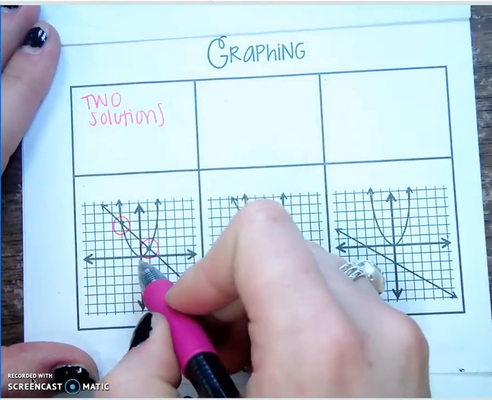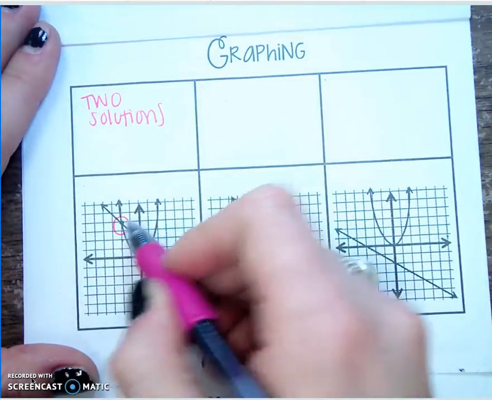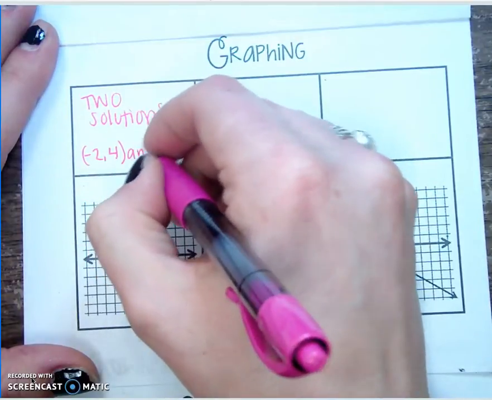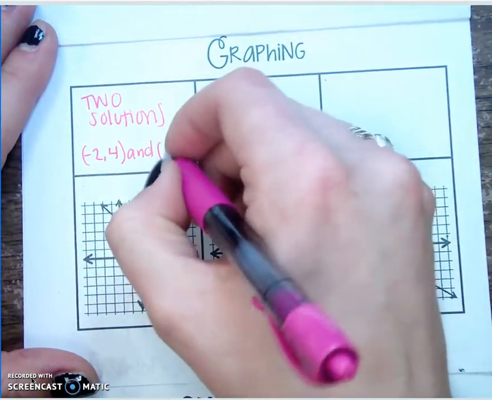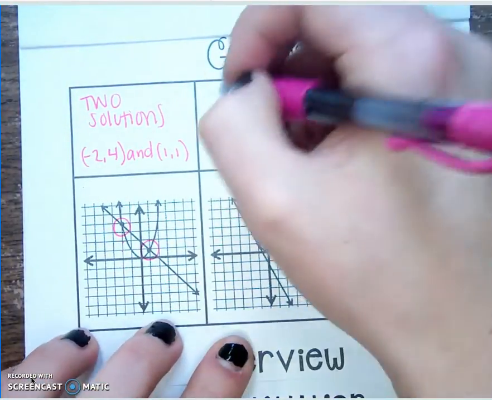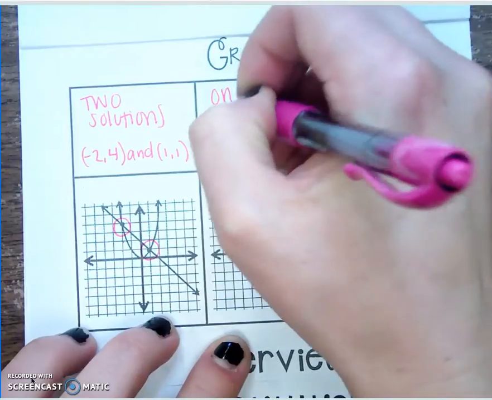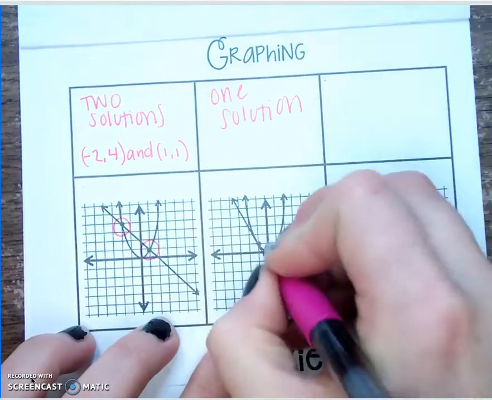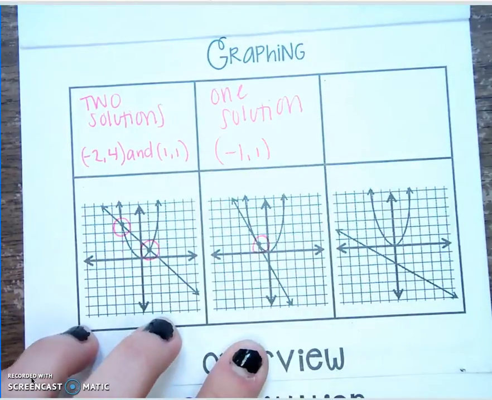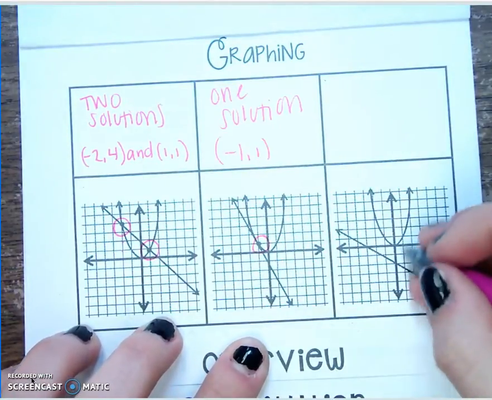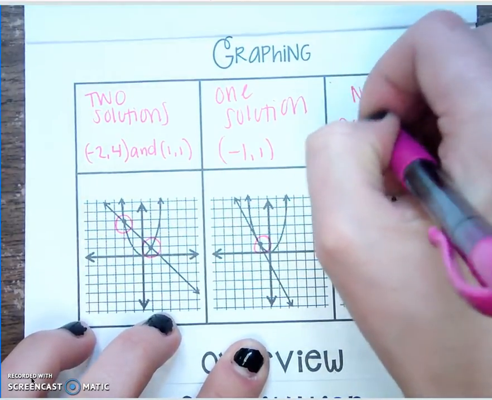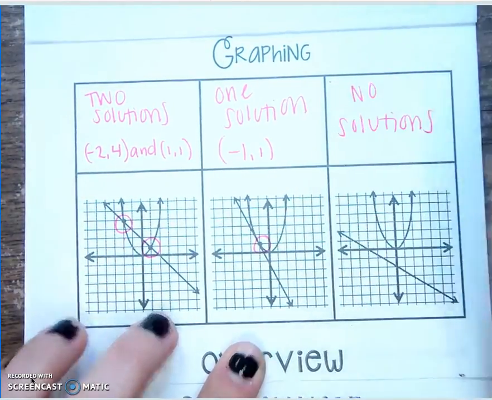In this case, we have (-2, 4) and (1, 1). Those are solutions to that system. Here, I have one solution. In this case, it is (-1, 1). And where they do not intersect at all, there will be no solution.